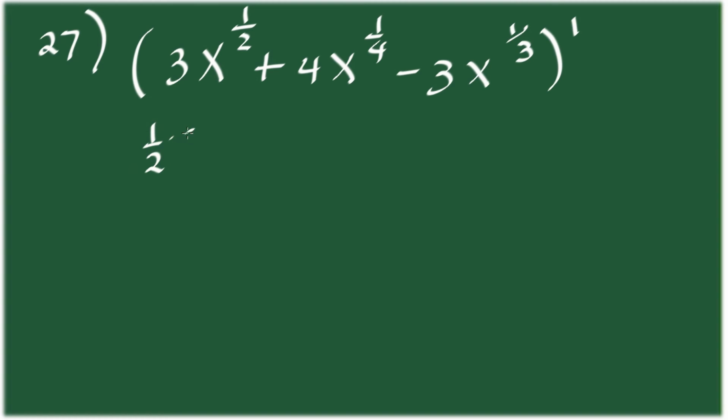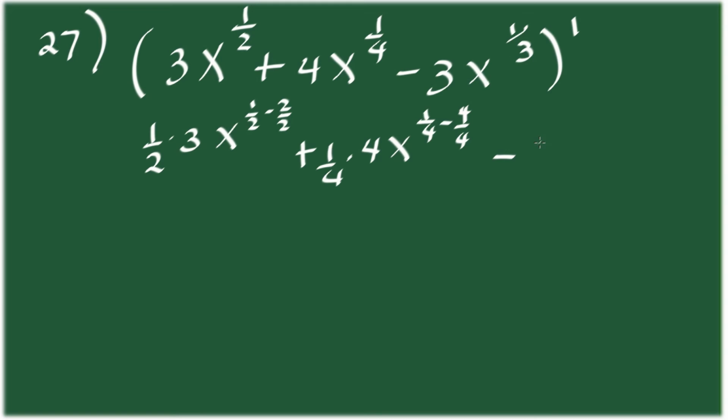So 1/2 times 3, x to the 1/2 minus 1 or minus 2 over 2. Okay, plus 1/4 times 4, x to the 1/4 minus 1 in the form of 4 over 4, okay? And then minus what? 1/3 times 3, x to the 1/3 minus 1 in the form of 3 over 3.